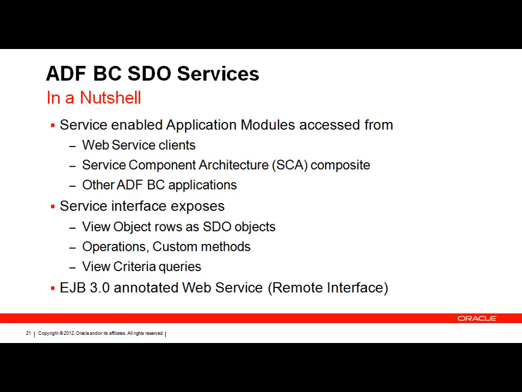The service interface that you define on the application module exposes view objects, operations, custom methods, or view criteria on the service interface as methods or as data. Technically, what we create once you choose this definition is an EJB 3.0 annotated web service. But this is a technical implementation that actually is nothing that you would code for. So you would get this declaratively by choosing to expose an application module as an SDO service.